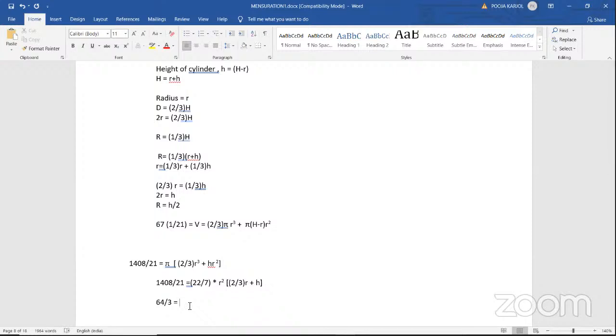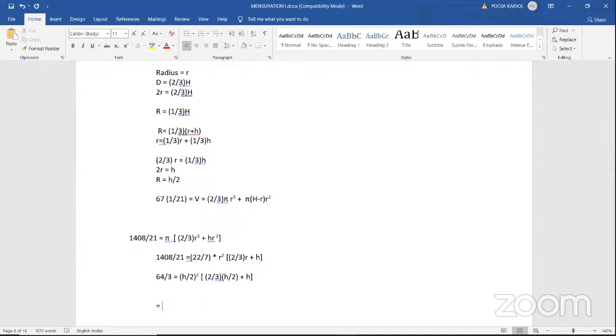This will be h by 2 the whole square. Instead of r square, I have written h by 2 the whole square, bracket, by 3 into r is there, so h by 2 plus h.